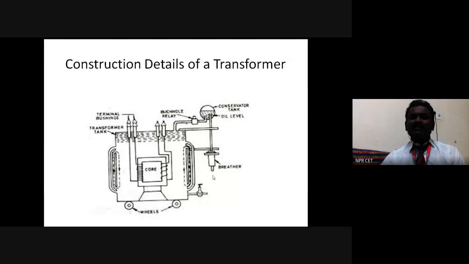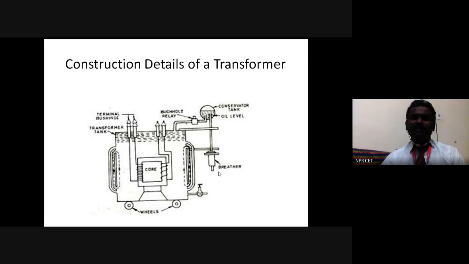Sometimes air gets inside the transformer tank, and at that time they permit only dry air. If wet air gets inside the breather, the silica gel absorbs the wet air, so it can permit only dry air to the transformer tank.